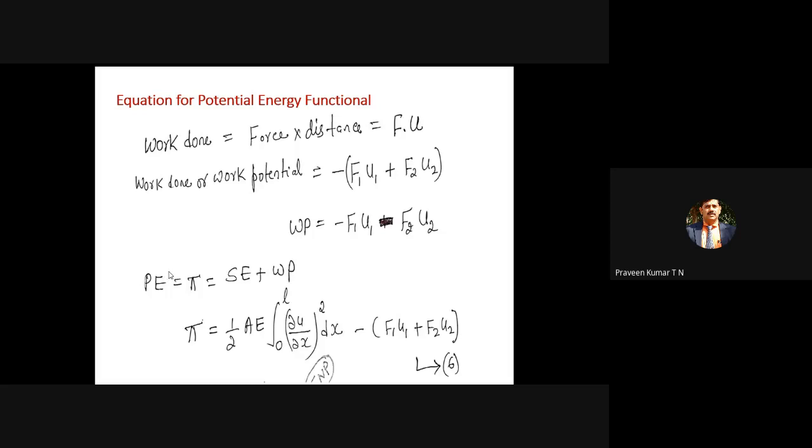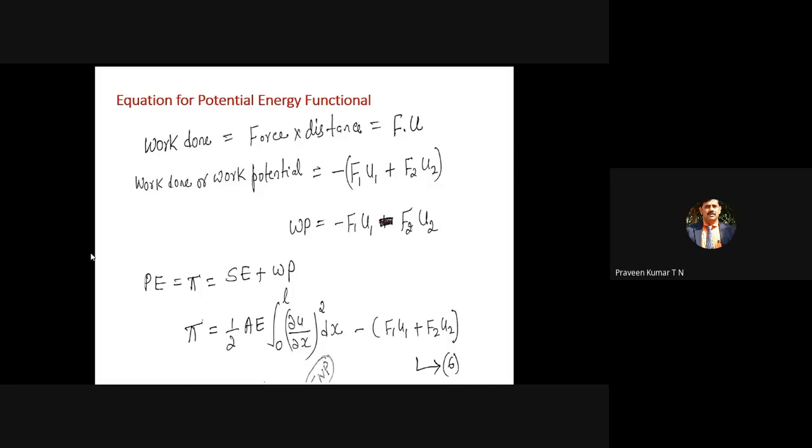Whatever the type of system, we have the energy. When the variation of the energy is zero, then only the system is in the equilibrium condition. So the variation of the energy is the rate of change of energy, which is the differentiation of pi with respect to the field variable. The field variable in structural mechanics is the displacement or deformation.